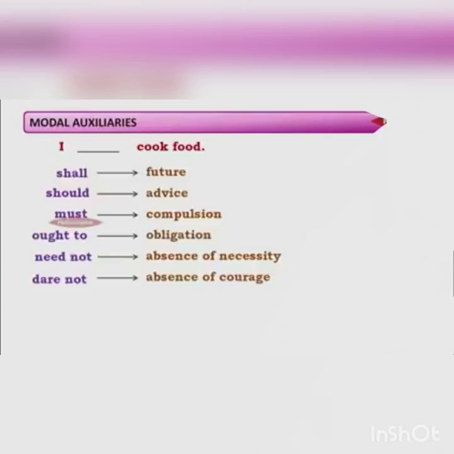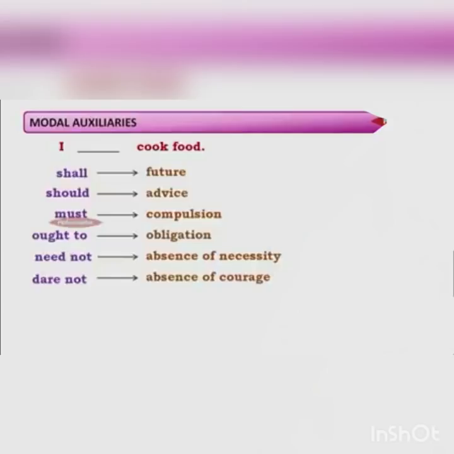And if I say I need not cook food, it is absence of necessity. There is no necessity to cook food. But if I say I dare not cook food, that means I will not have the courage to do so. So it is absence of courage.